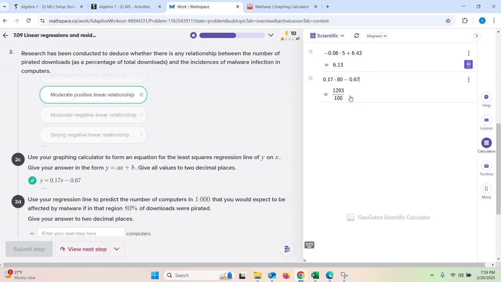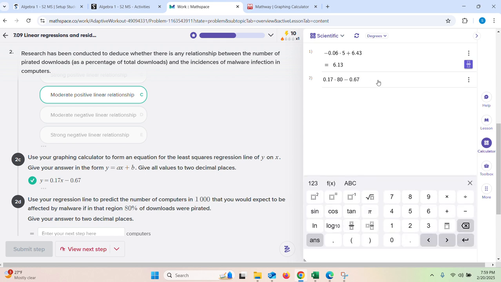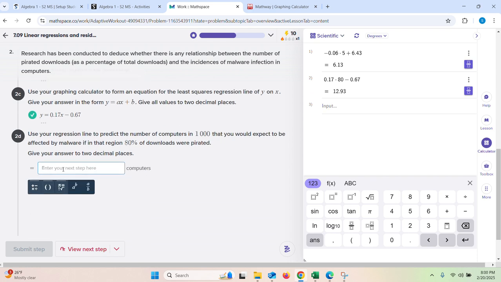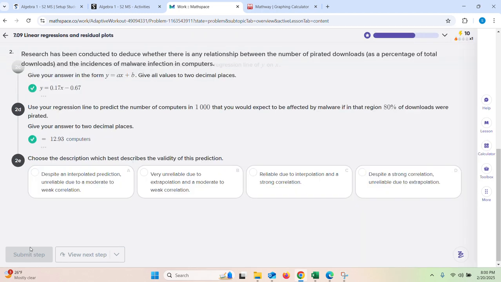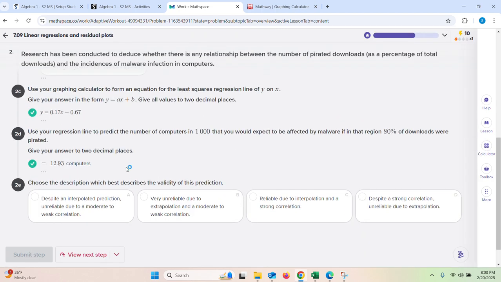And it gives me this wonderful fraction. Not really. Enter. Oh, I guess I hit the little approximate. There we go, 12.93. So I'm going to enter that down here for my answer, 12.93. And we're going to submit this step. And we got it. Okay?